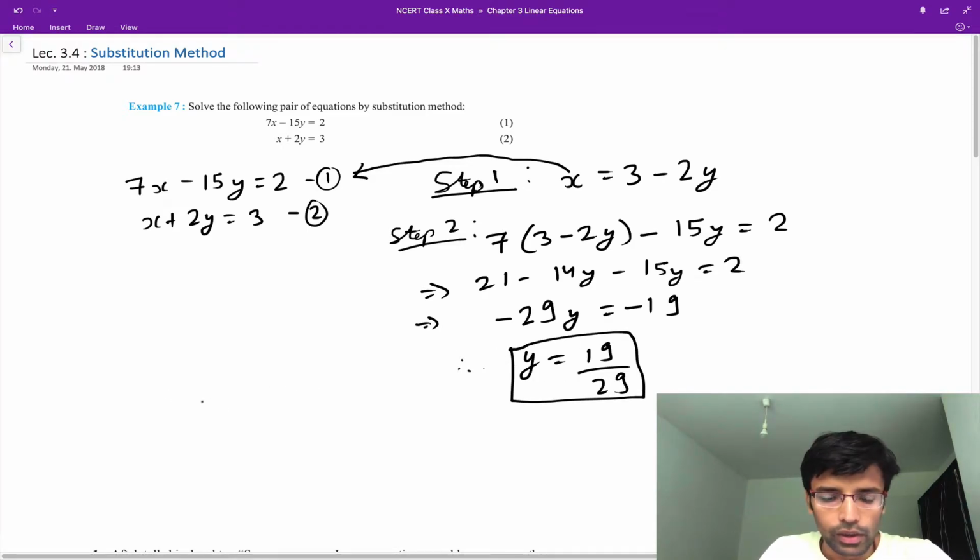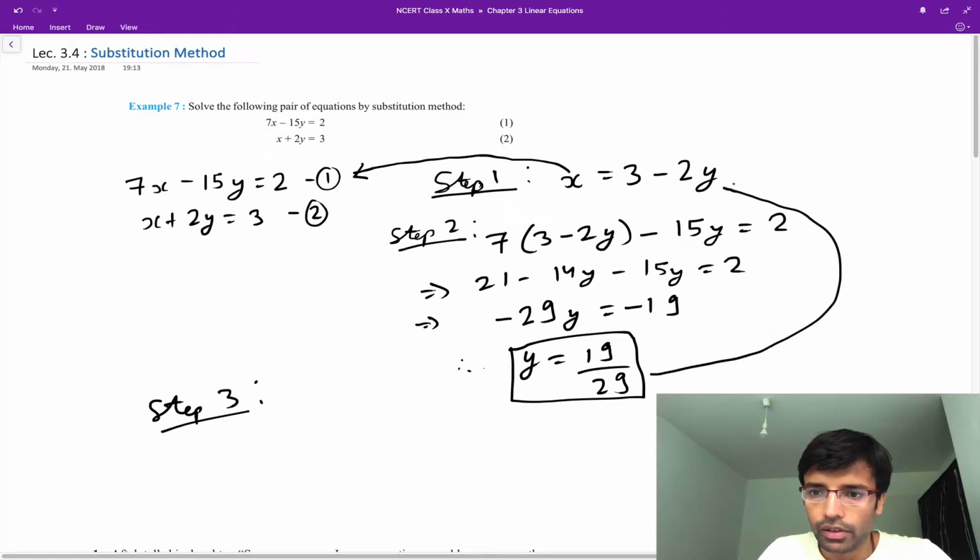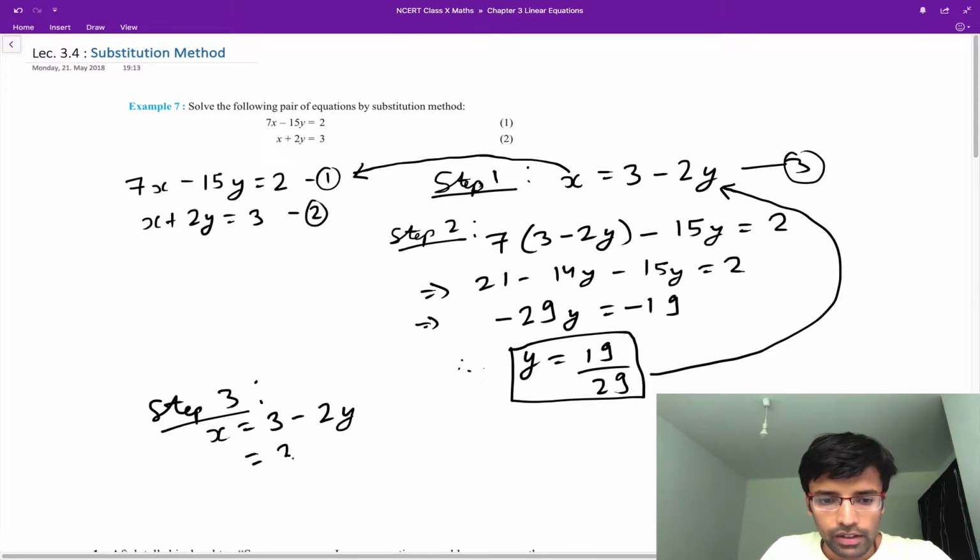And now we are already into step 3. So in step 3, we substitute this value back into this equation. Let's call this equation number 3. So we have x as 3 minus 2y. Therefore, we have x as 3 minus 2 multiplied by 19 by 29.